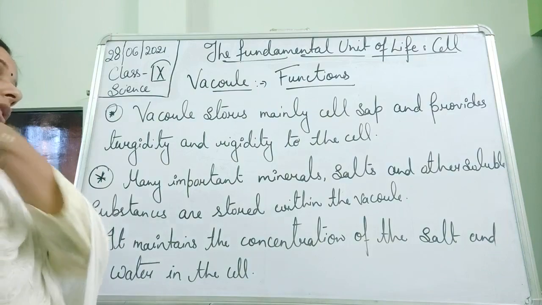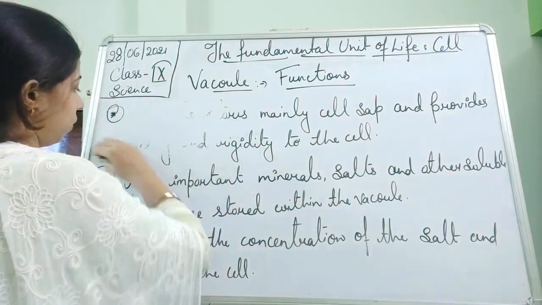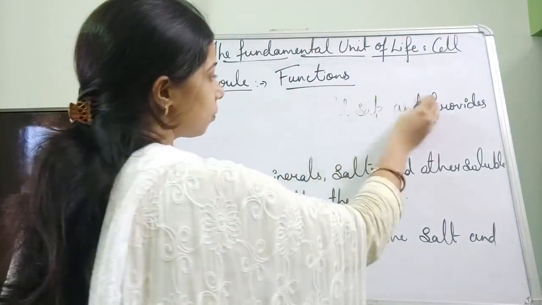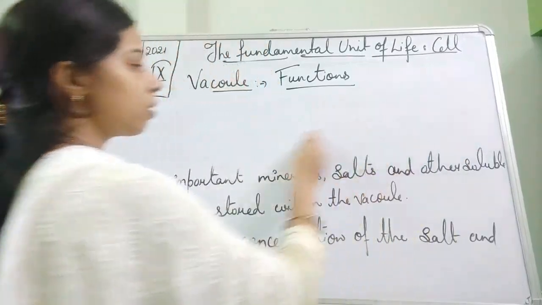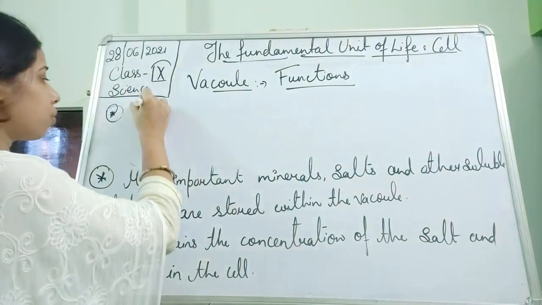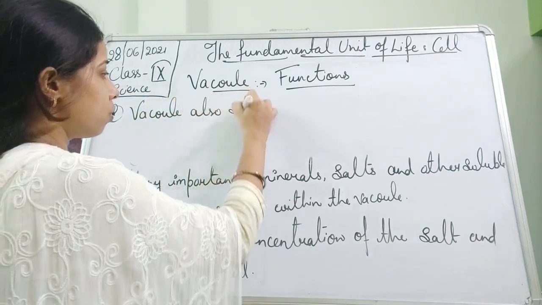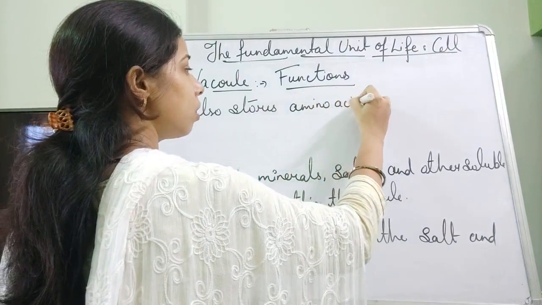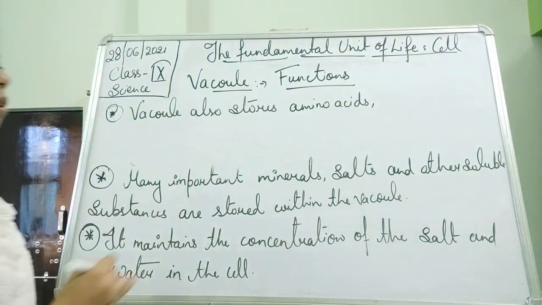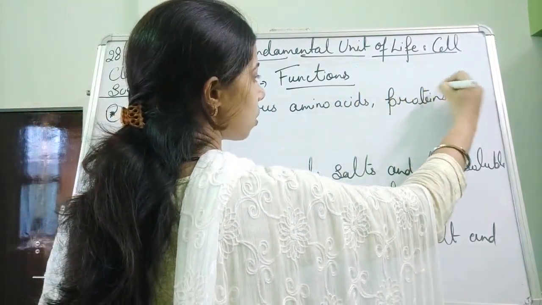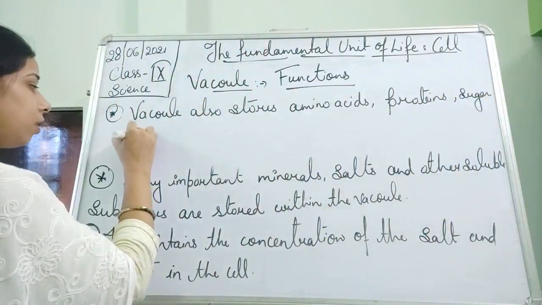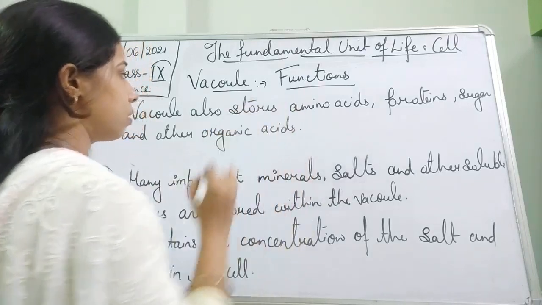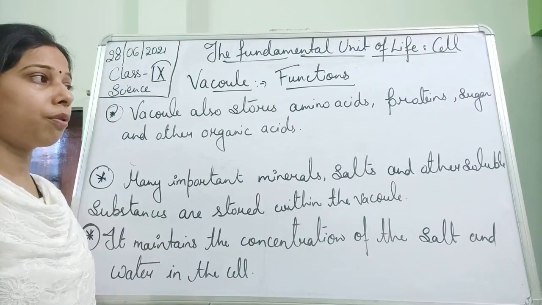So it stores mainly cell sap, provides turgidity, and the vacuole also stores amino acids, proteins, sugar, and other organic acids.